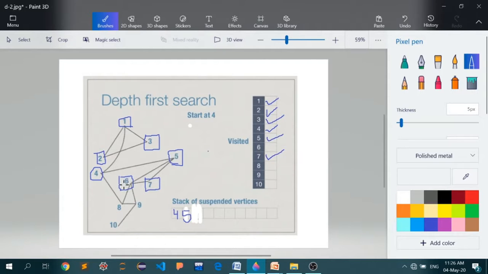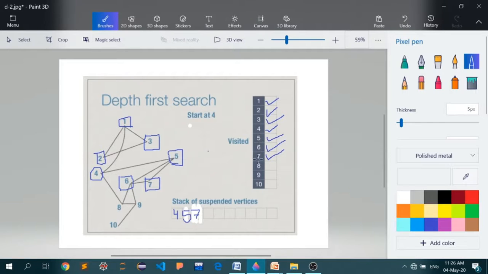and as I move on to 6, I have to suspend the exploration of 7 for the time being. So let's put it onto the stack and mark 6 as visited. Okay, now for 6 we have neighbors 9, 8, 7 and 5.